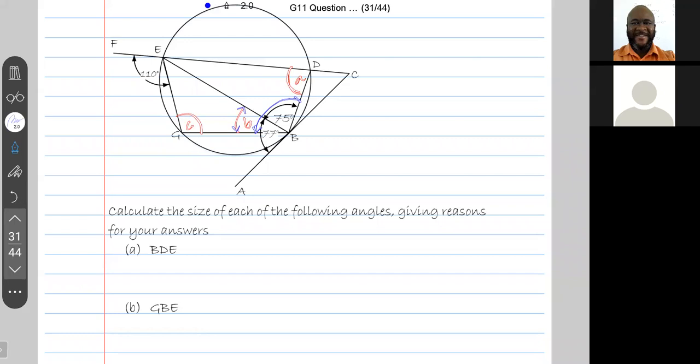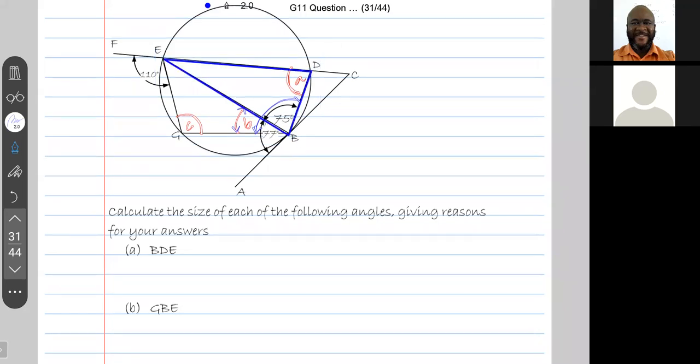Guys, if you look carefully, you can see that if this is a chord, looking at that triangle, the angle here, which is the 77 degrees, is the angle between the tangent and the chord. And that angle is equal to the angle in the alternate segment.